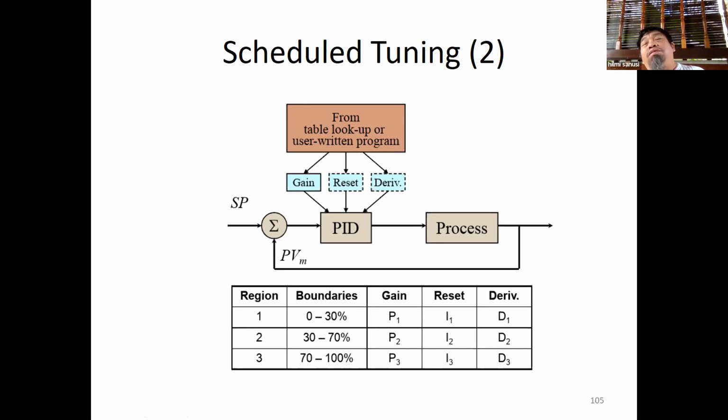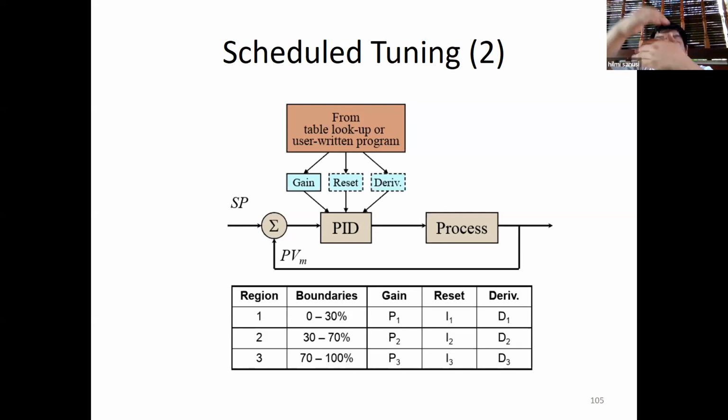Macam mana nak tahu boundaries? Senang. Kita boleh pakai auto correlation. Kita correlate between the response yang you nak dengan response yang keluar. Kita tengok banyak mana dia correlate. So kalau dia correlate banyak macam ini, this is region 1.